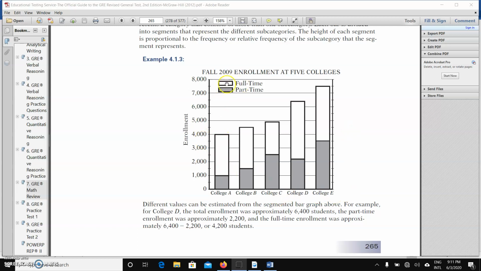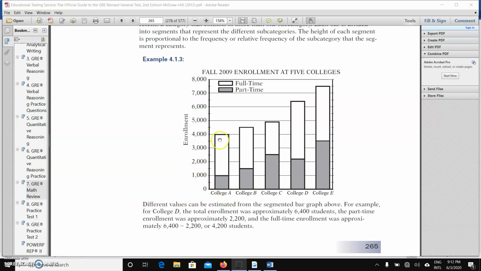They told you here that the one in this white box is full-time. These are full-time students, and the one with the colored box is part-time.